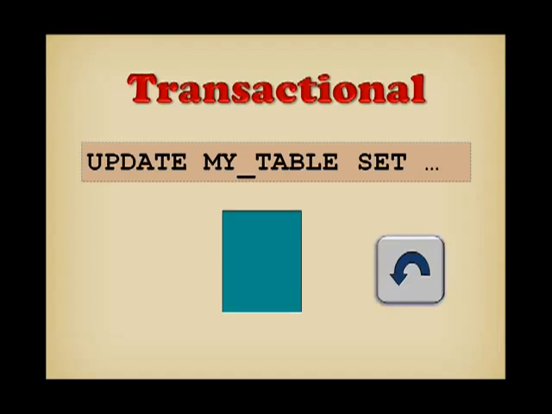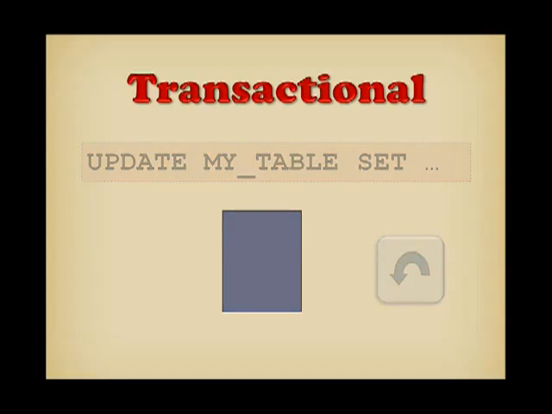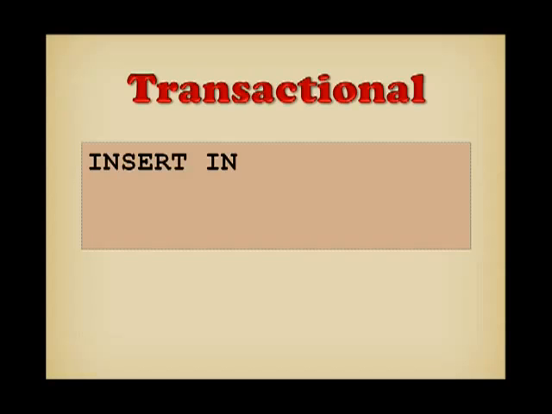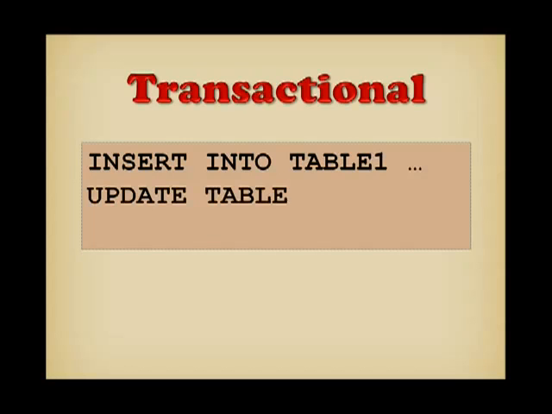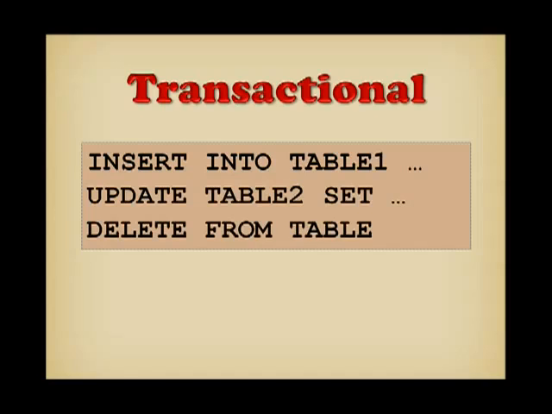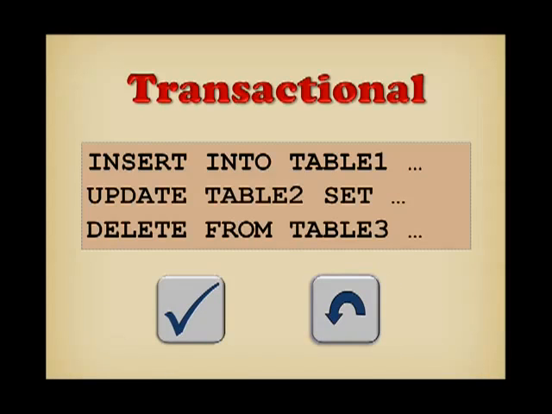For this type of change, the InnoDB storage engine is mandatory. In a transactional environment, it is possible to group related changes to several tables into a single unit of work. You can either commit or roll back all of the changes at once. For these tables, the InnoDB engine is mandatory.